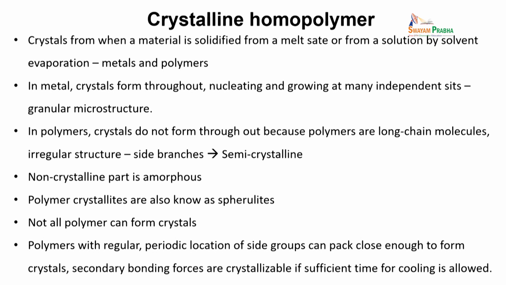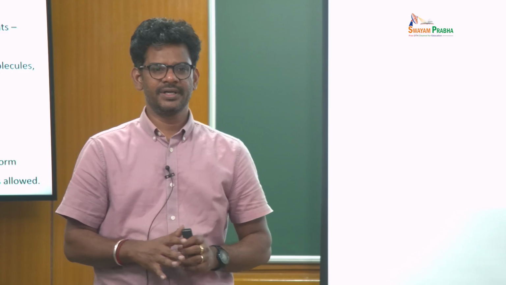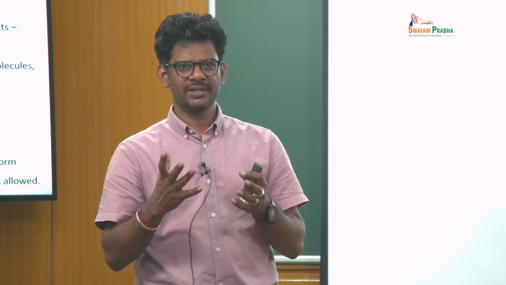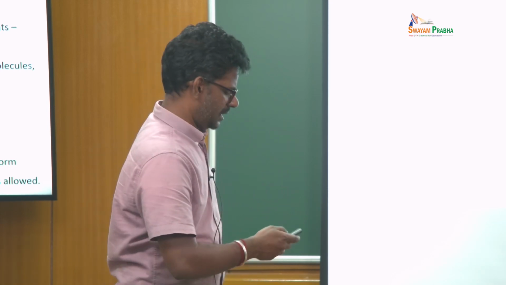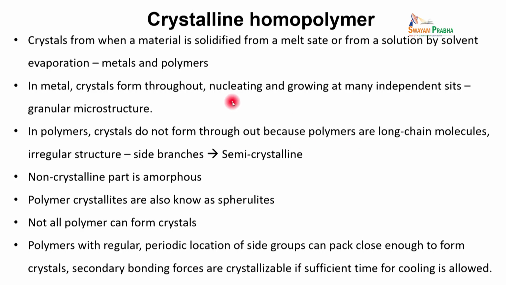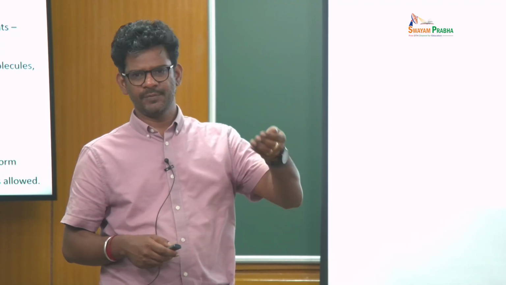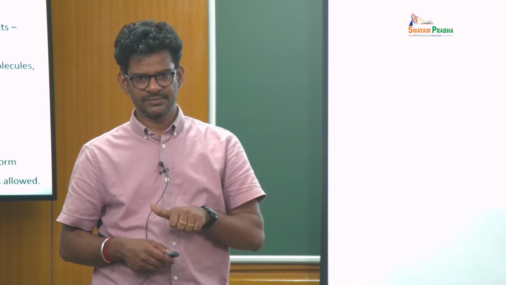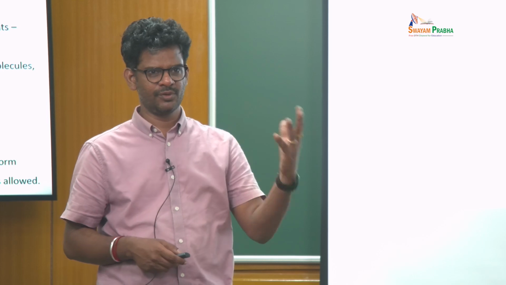Now, I just wanted to give some important inputs about what we mean by a crystalline homopolymer or crystalline polymer. What are the true natures? When we take any material and solidify it, you solidify from a melt or from a solution. You can do this for metals and also for polymers. This is called a phase transition; we are going from one phase to the other.